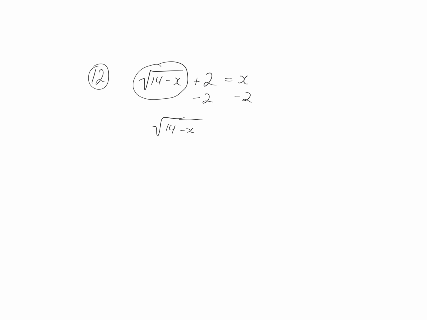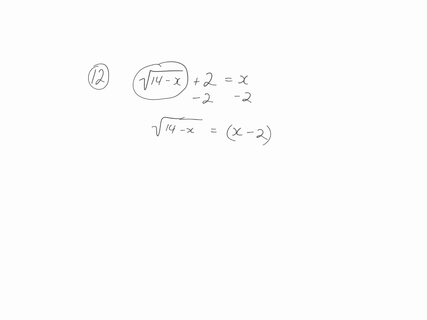Question 12 says, which of the following is a solution to the equation? The square root of 14 minus x plus 2 is equal to x. We want to isolate this and then square both sides to get rid of the square root. So we subtract 2 from both sides, and we get the square root of 14 minus x is equal to x minus 2.